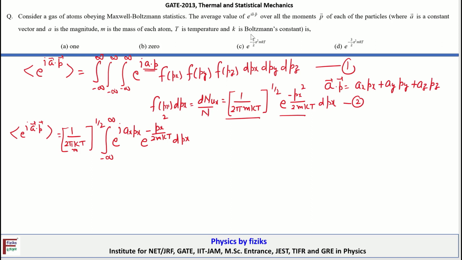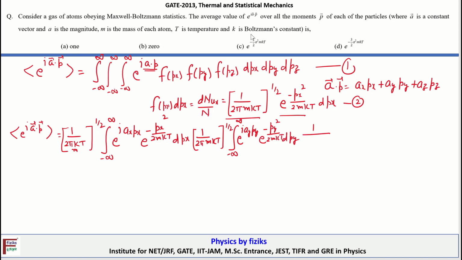Then the next term is 1 upon 2 pi m kt to the power 1 by 2, from minus infinity to infinity, exponential iota ay py, exponential minus py square upon 2m kt, dpy.